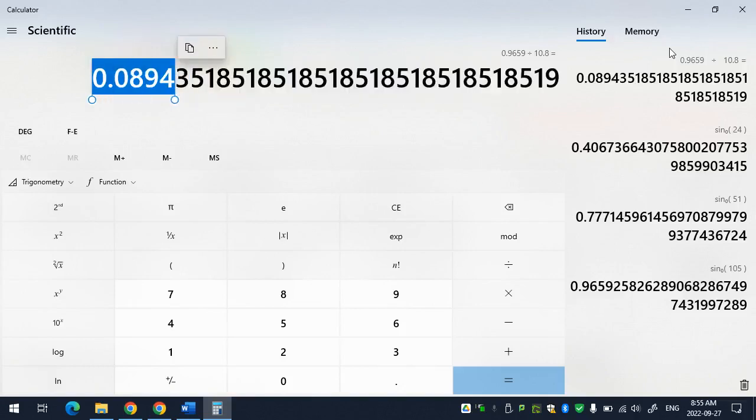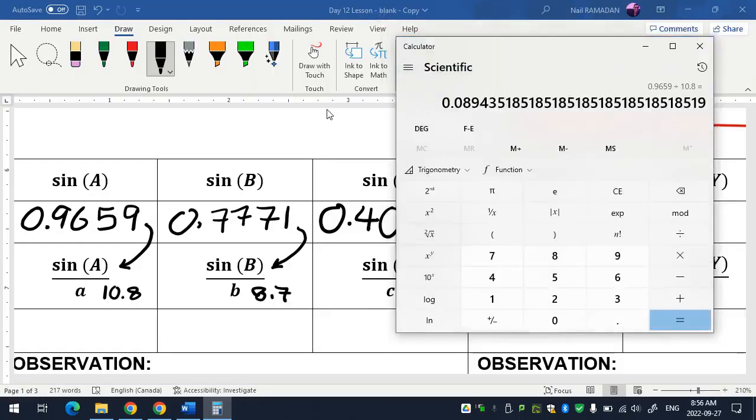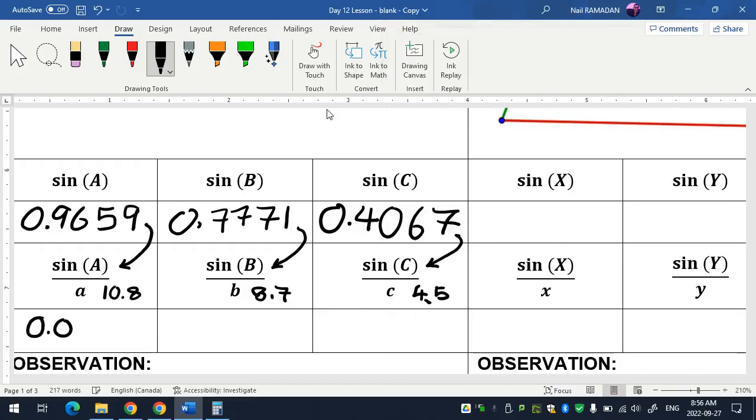That is my final answer for the first one. So 0.0894, does the 4 change or stay the same? Okay, so go ahead and write 0.0894.